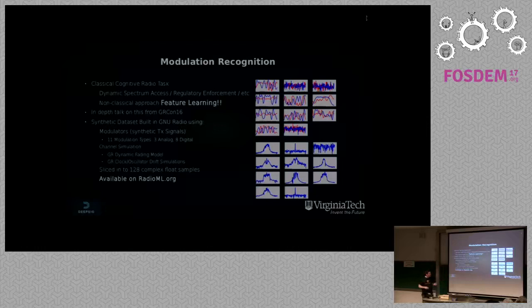So we start, there's a data set that's up on the website. And this is basically just using GNU Radio to generate a whole bunch of synthetic signals through a whole bunch of synthetic channels that use the dynamic fading model. And then this is what we used for that experiment.